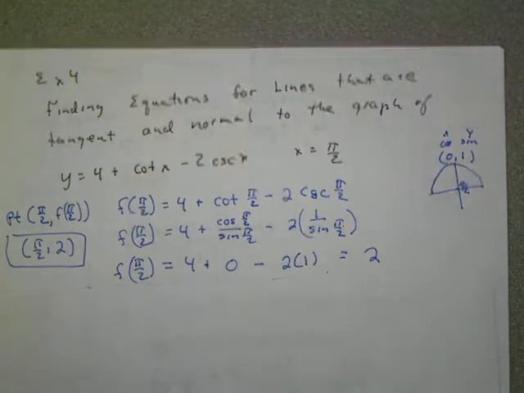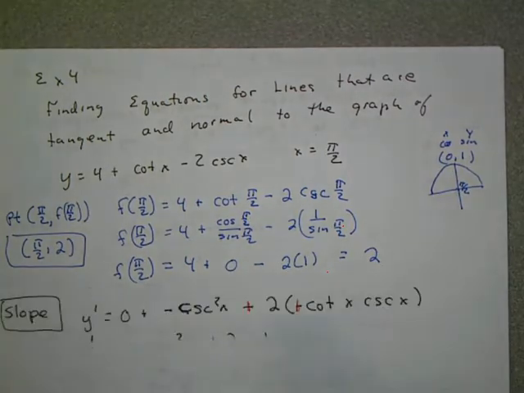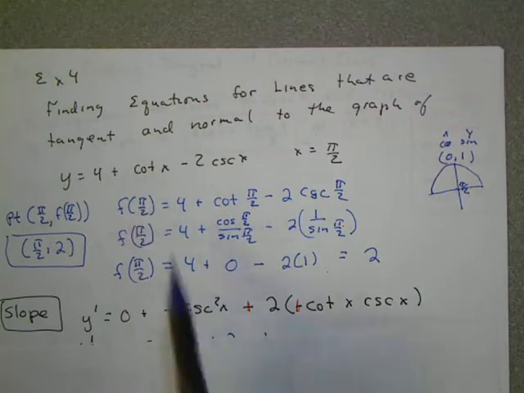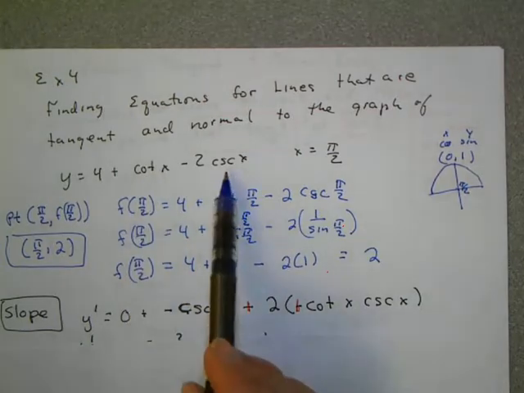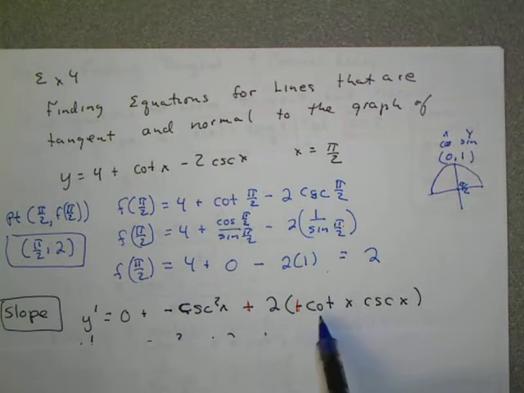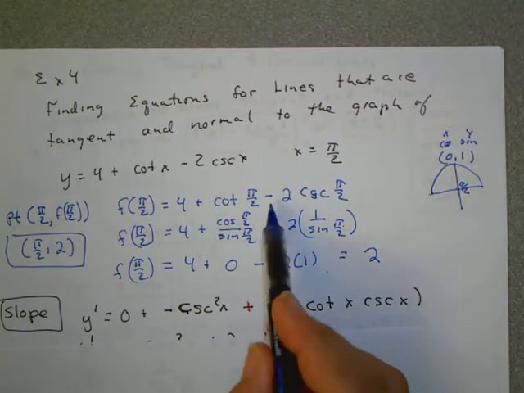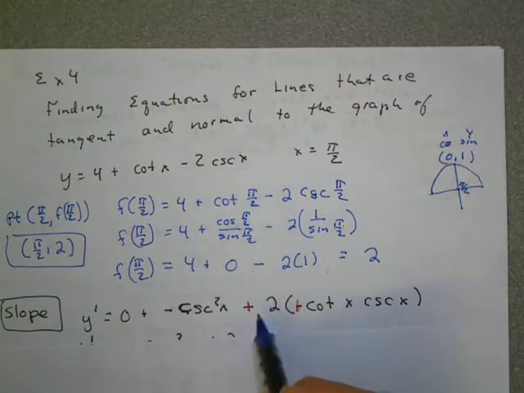To do that, I'm going to remember what I learned in the previous section. The derivative of the cotangent is the negative cosecant squared, and the derivative of the cosecant is the negative cotangent of x times cosecant of x. Since this was minus here, I have a minus and a negative, so I'll make that positive.